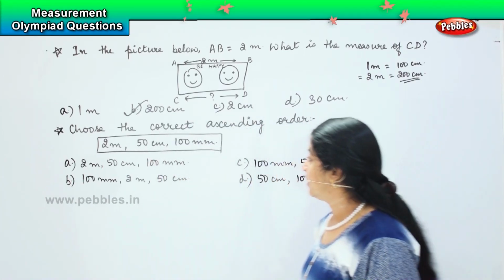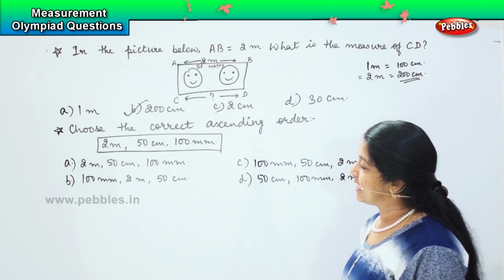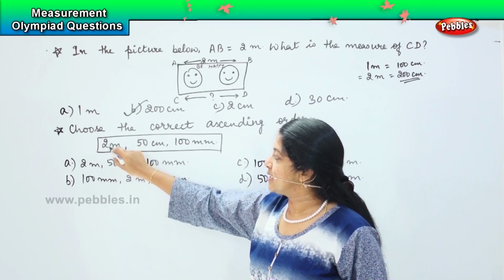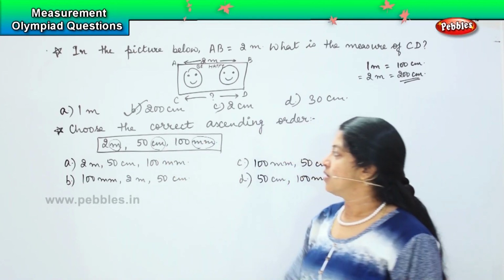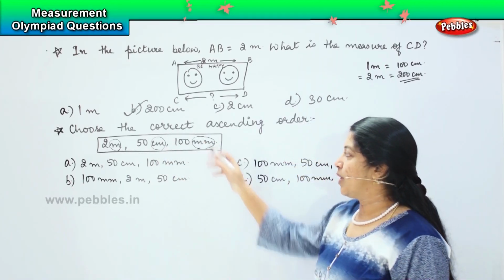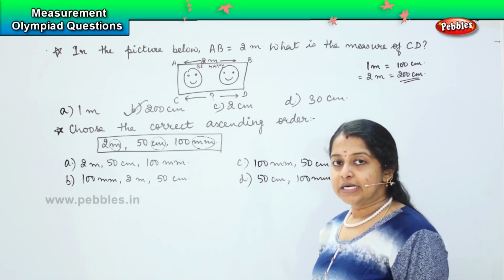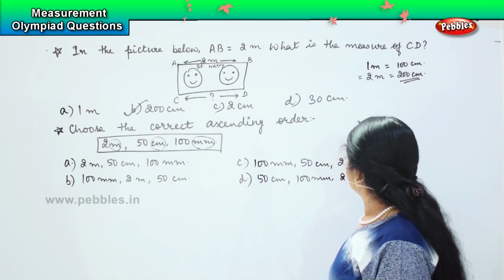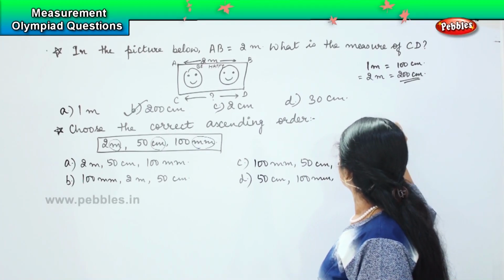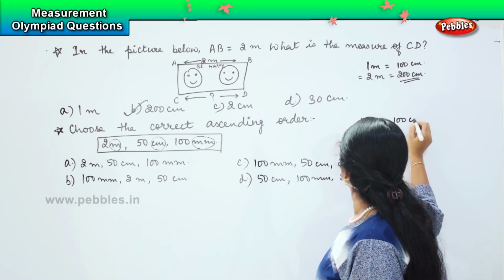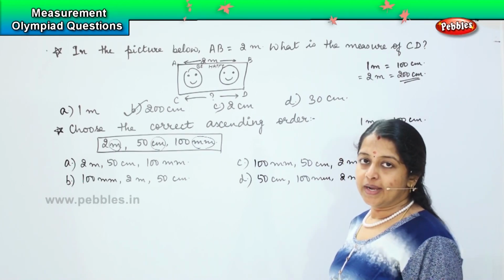Okay. So now we have seen here that the units are different for all the three. One is meter, one is centimeter, one is millimeter. When we studied length, we learned that 1 meter is equal to 100 centimeter. Right.